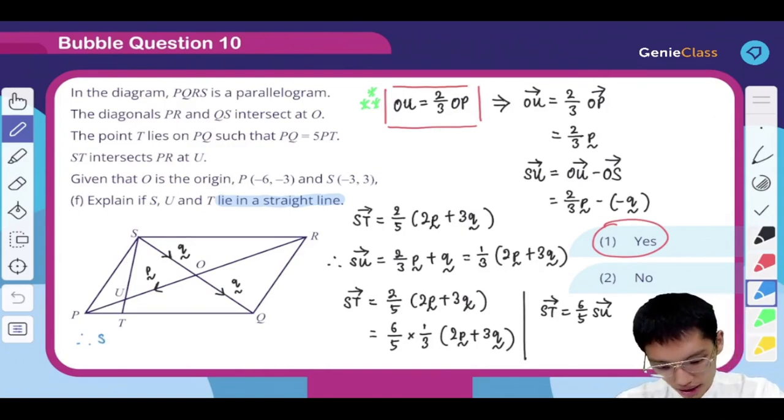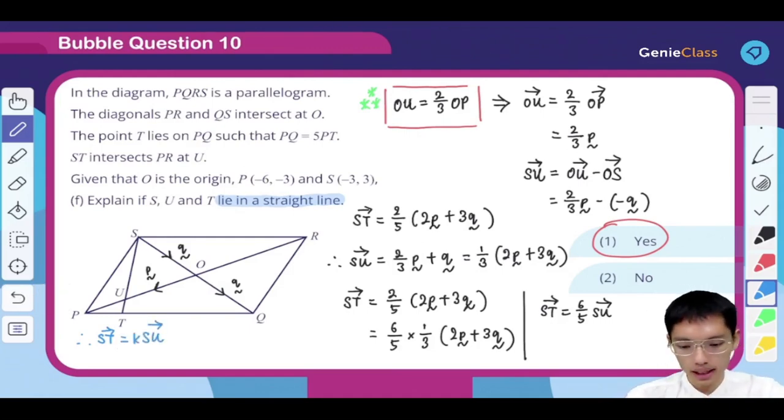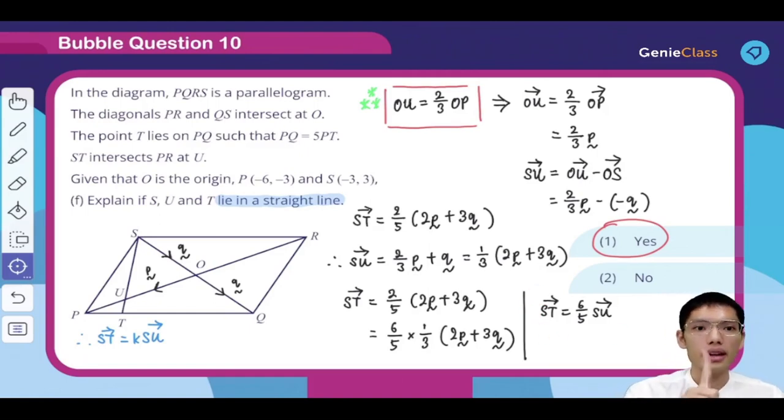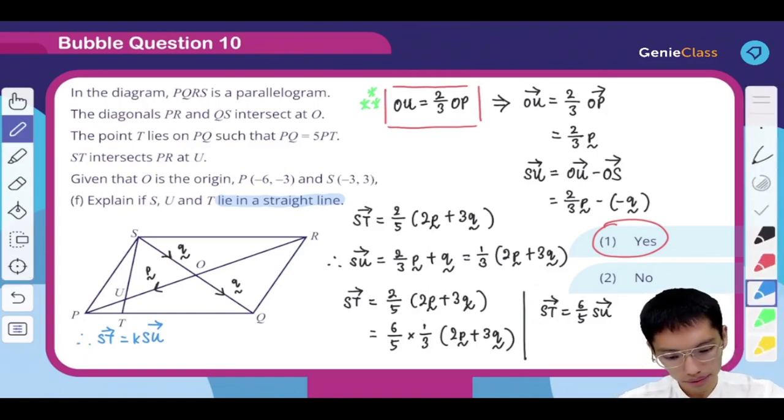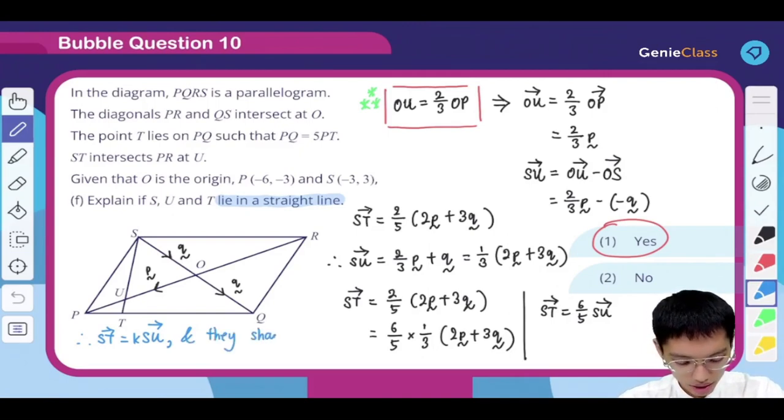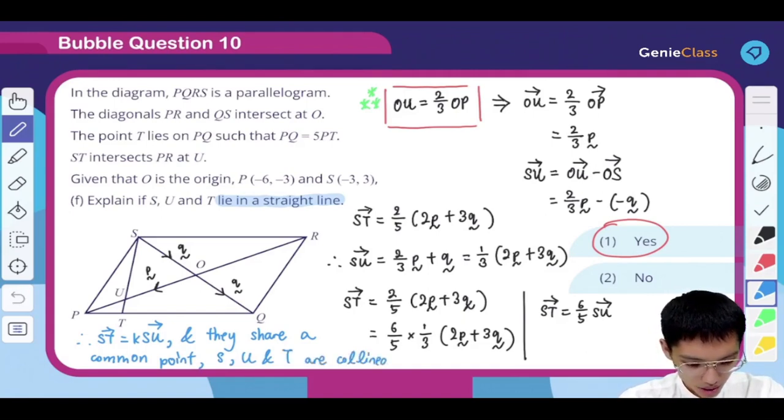Since ST is equal to a constant of a vector, which is over here, and also they share a common point, this shows that they lie in a straight line. Or in fact, you can just say S, U, and T are collinear.